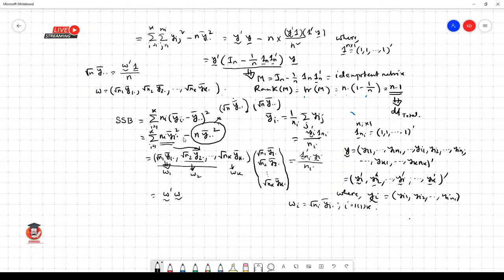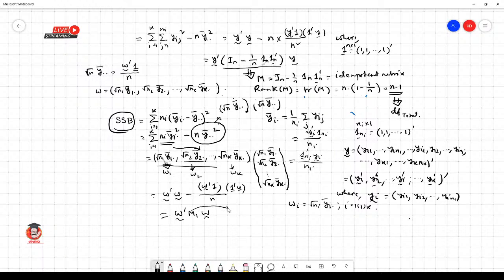So again we write this portion as, please check this thing, W curl 1 prime W curl. This is a scalar thing, 1 curl prime W curl. So again we write this quadratic form as W curl prime M1 W curl.